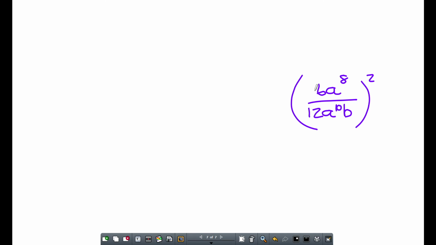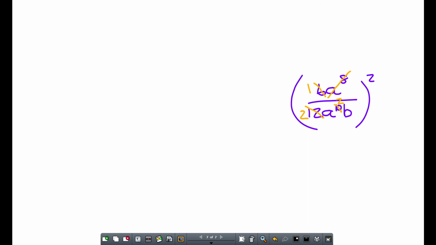Then I'll say 6 goes in once, 6 goes in twice. If I take a to the power of 8 at the top, I take a to the power of 8 at the top, so there would be 2 left.